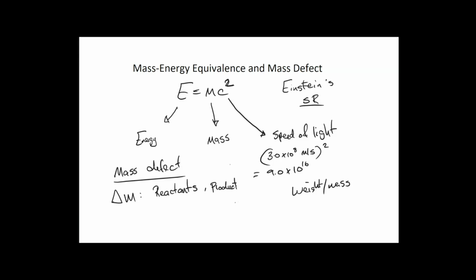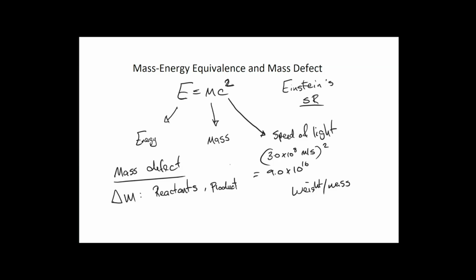Okay, I'll say that again. When you fuse or fission nuclei, the mass of those nuclei is not the same. It's going to change. And Einstein's great revelation, which is just so beautifully expressed in this equation here, is to say that this change in mass is going to be represented in a change in energy.